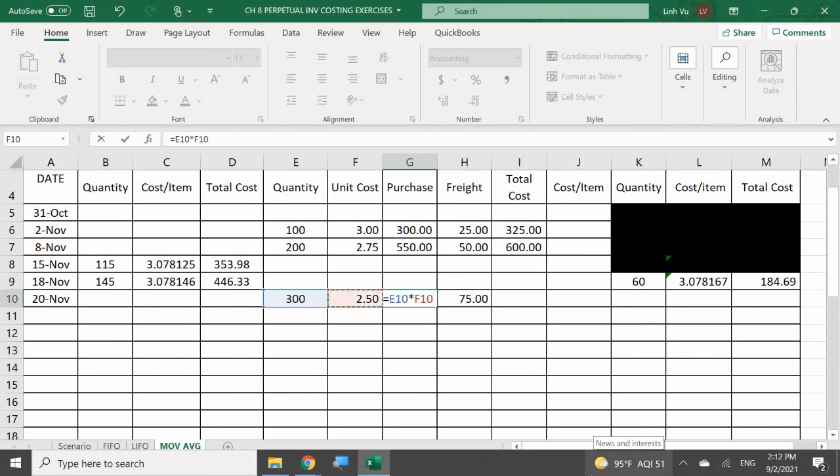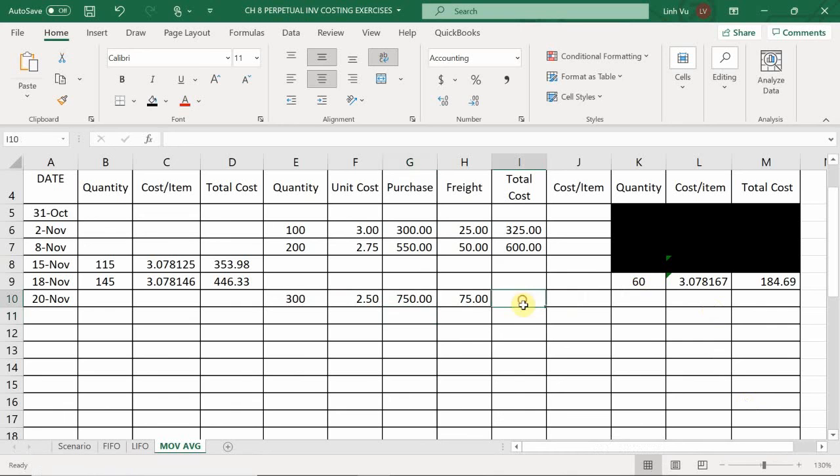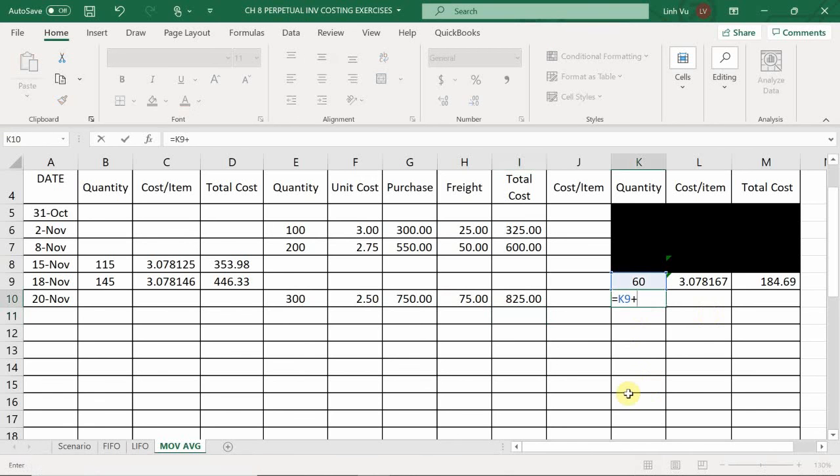300 times 2.50, so 750. Good. Plus the 75, so 825. Good. And then we add the 60 that we have plus the 300 that we just bought. So 360. Good.